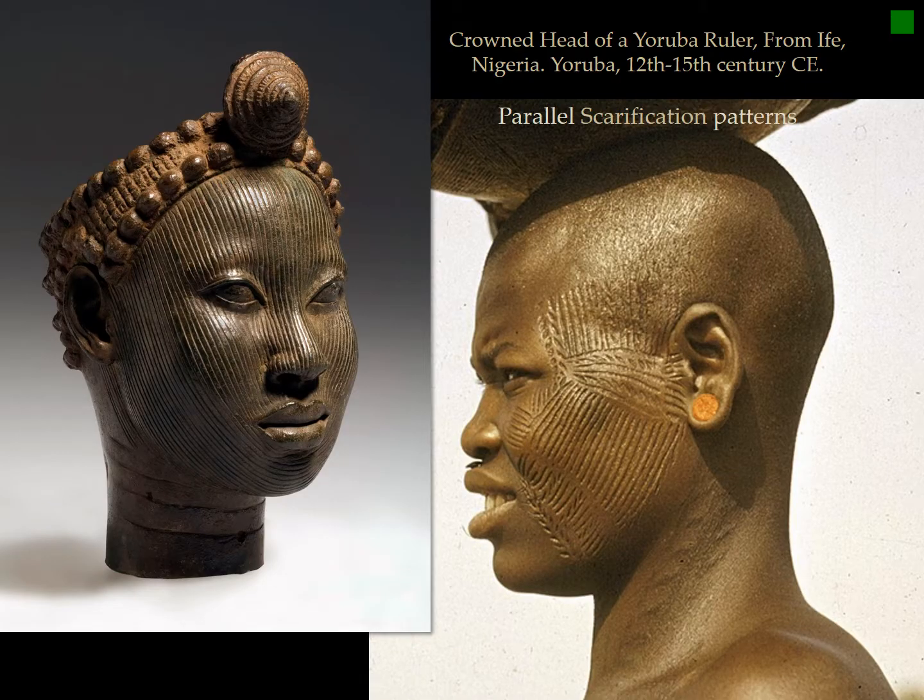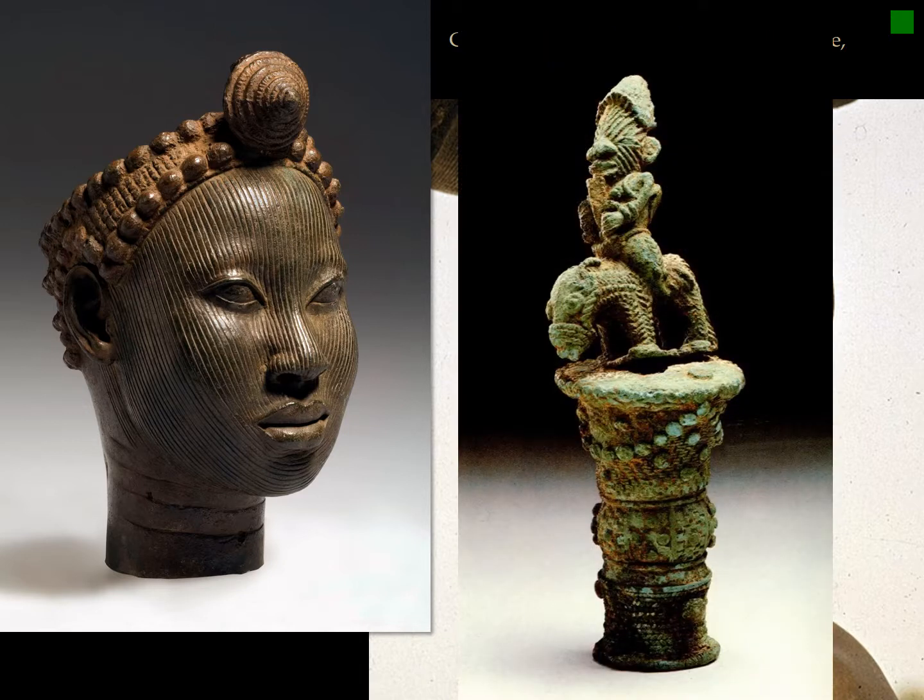Here we have parallel scarification patterns that are still commonly carried out as part of the practice of initiation rites and rituals, and of becoming a man, for instance, or moving through different phases of one's life. They are going to be found on both men and women. The same can be seen and found in the finial decoration we discussed a moment ago, also in Nigeria, just to the east.